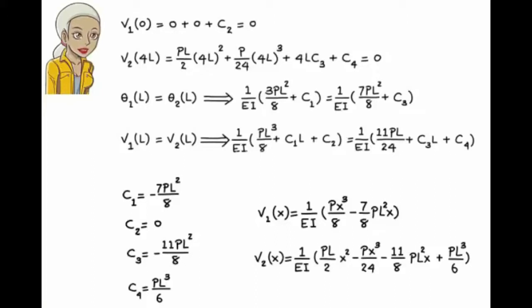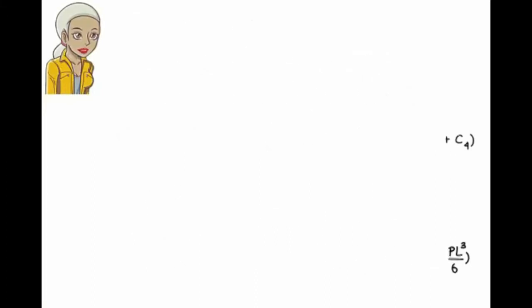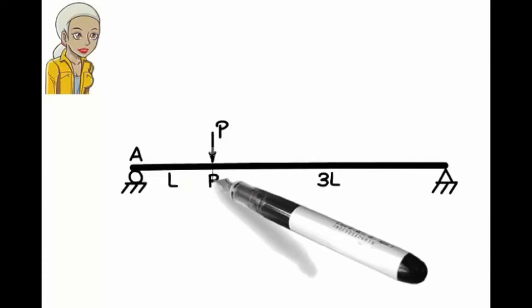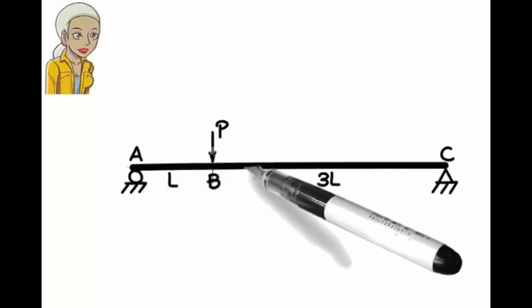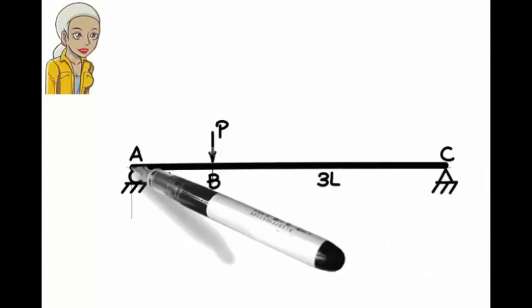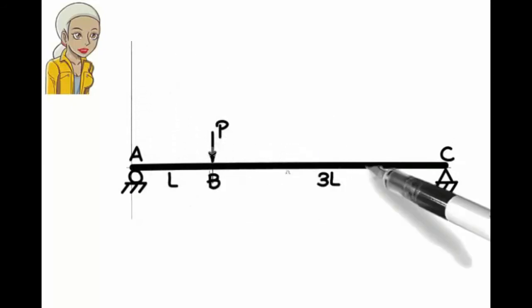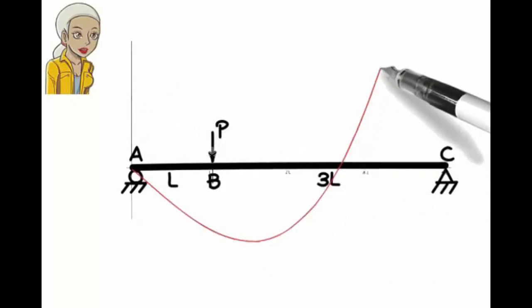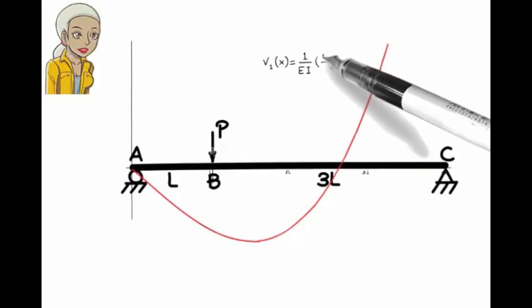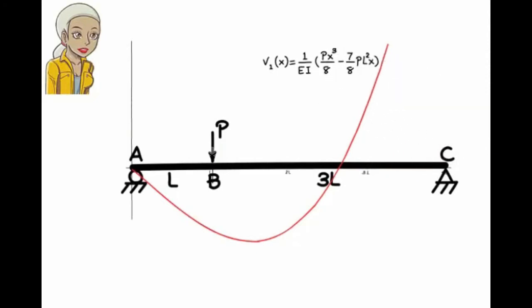Let's see how these functions look graphically. The graph of V1 looks like this. The graph of V2 looks like this.